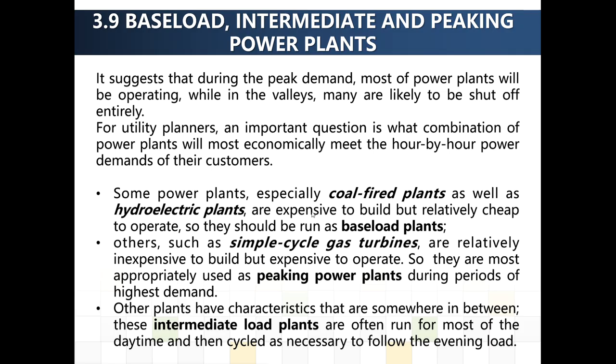Some power plants, such as coal-fired plants as well as hydroelectric power plants, are expensive to build but relatively cheap to operate, so these are usually run as baseload plants. Other power plants, such as simple cycle gas turbines, are relatively inexpensive to build but expensive to operate, so they are most properly used as peaking power plants.